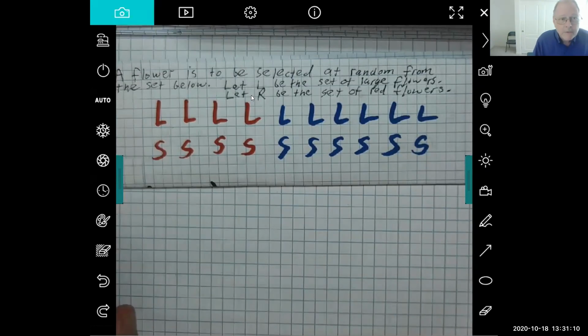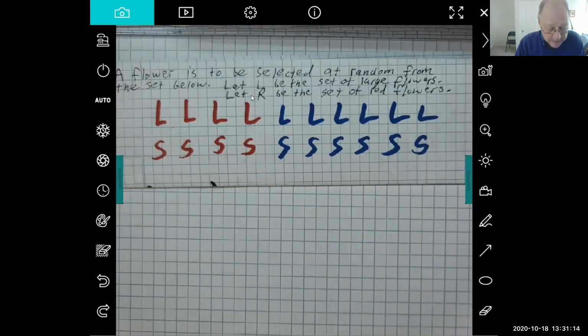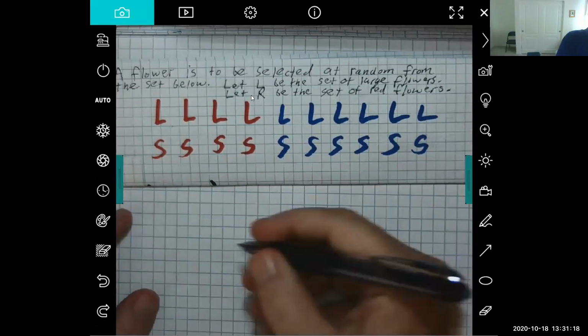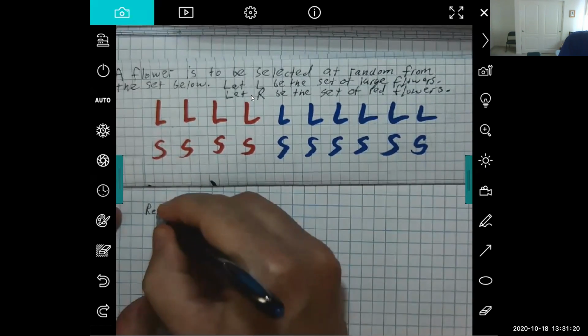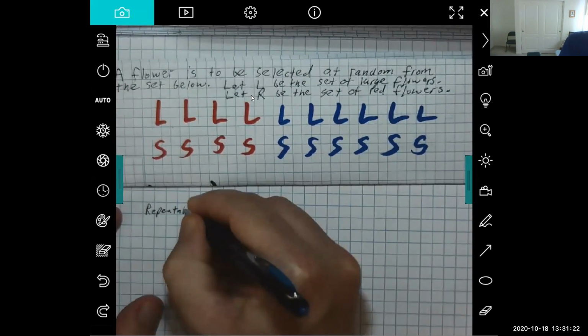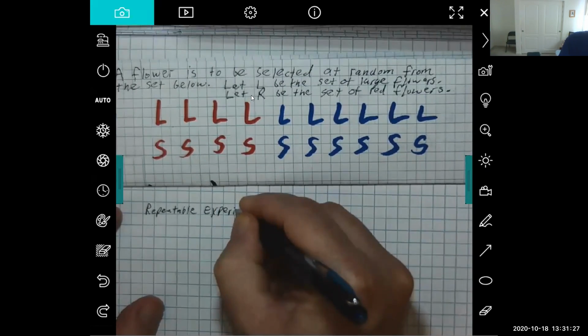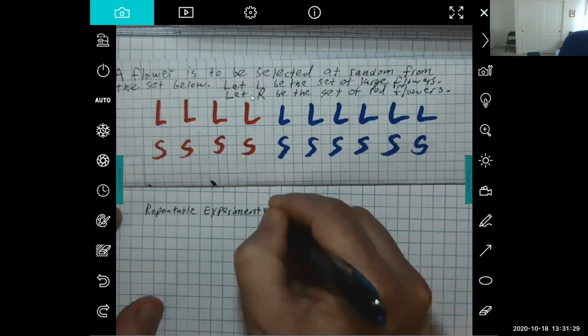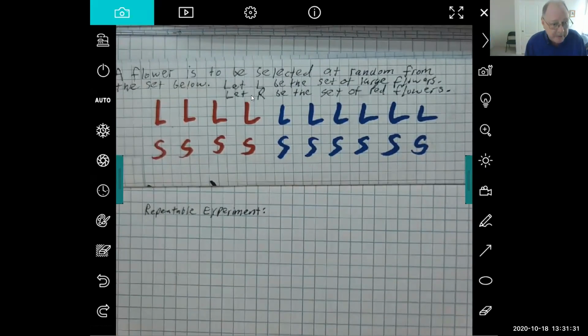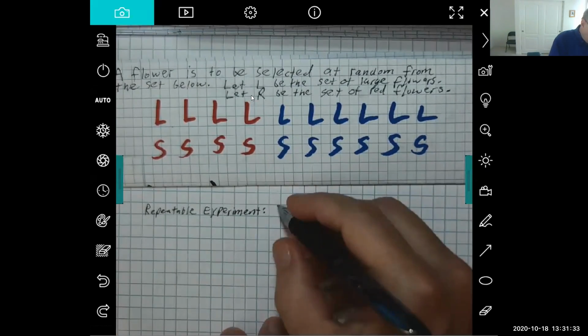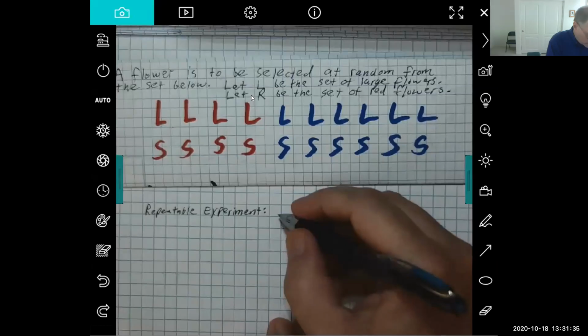And we're going to have another event. So each of those is an event, right? So we have to talk in terms of a repeatable experiment. And so the repeatable experiment for this story is you select a flower at random.